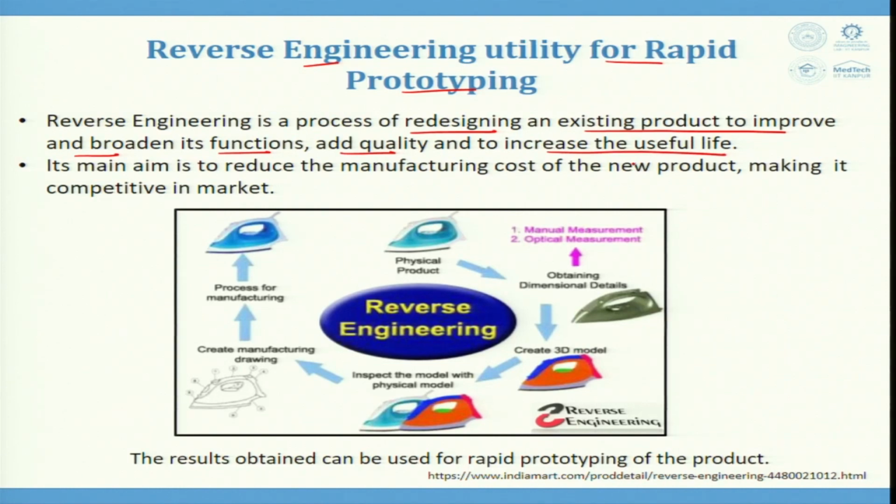This is the definition of reverse engineering. You can see that 3 major terms are given in the definition: improve and broaden functions, add quality and increase the useful life.